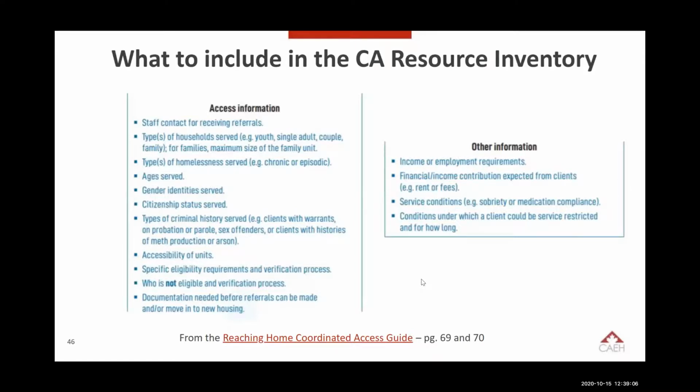So it's really helpful to clarify who is not eligible, and again, any verification processes and any documentation that is needed. And then other information could include income, what's the contribution or the financial income thresholds that are required, any service conditions, and any conditions under which a client could be service restricted and for how long.